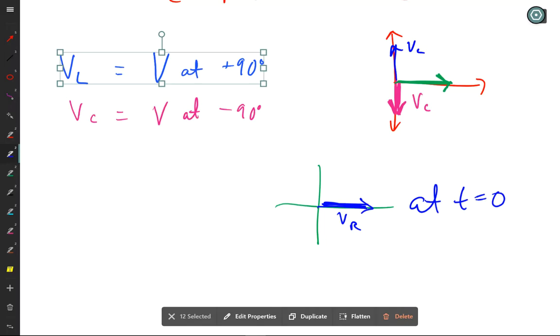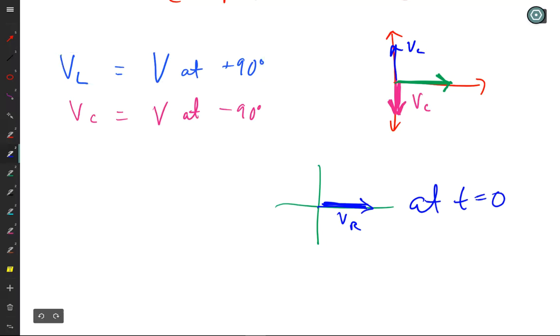But at some time later, the voltage across the resistor is going to drop because the current has dropped. Well, what we're doing here is saying if I take this picture and sometime later I take a line with the same magnitude, but it's now rotated, so this angle is equal to omega t, then the amount that I have in this direction is going to be V_R cosine of omega t.